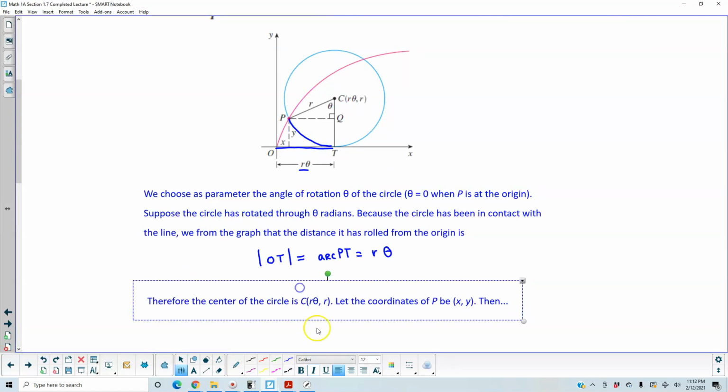And so therefore, we can see that the center of the circle is at r theta, r, and so we're going to let the coordinates of P be x, y.